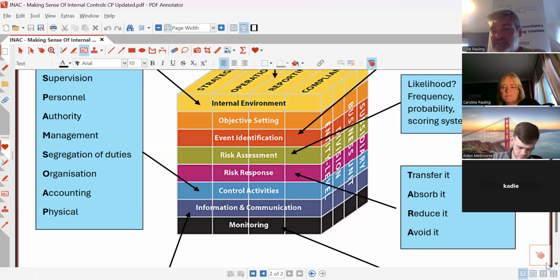Reduce it. This is where you're starting to think about your detailed controls. Yeah, we're going to have to put some controls in place which are going to help us. You can never say get rid of the risk because there's always going to be a level of residual risk in anything you do. But you can put controls in to, as far as possible, reduce it down to an acceptable level, for example, or avoid it. Just don't do it.